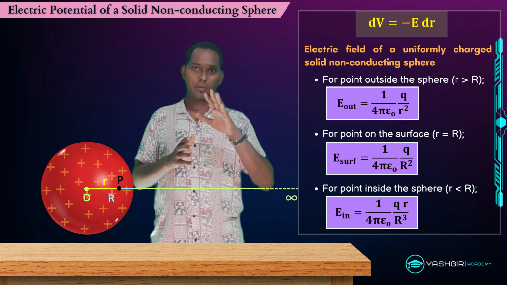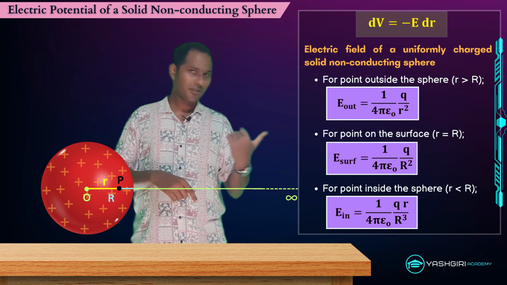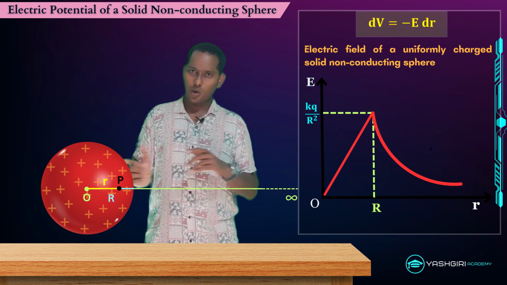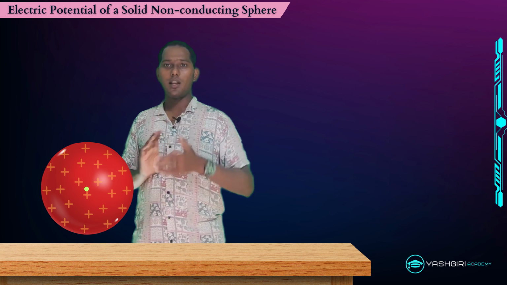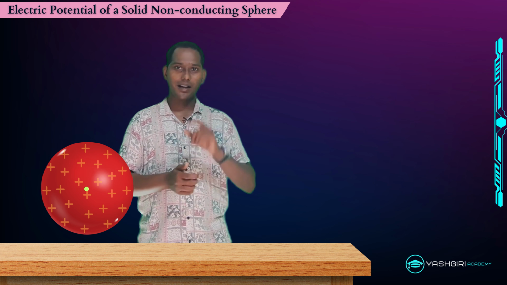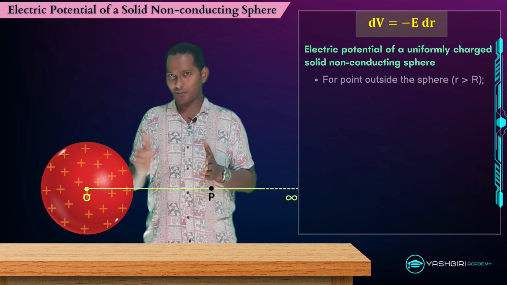Now students, we will make use of these equations in getting the electric potential. Before that, this is the graph of the electric field, how it varies with r. Well, now students, let us begin with the calculation part. I'll consider my point P somewhere here at a distance of r from the center.